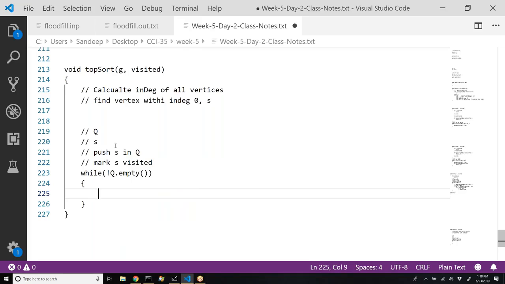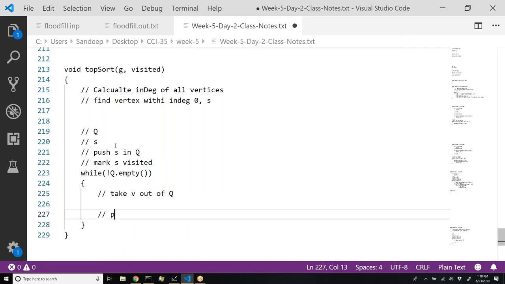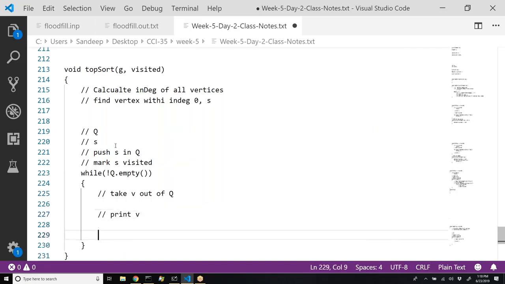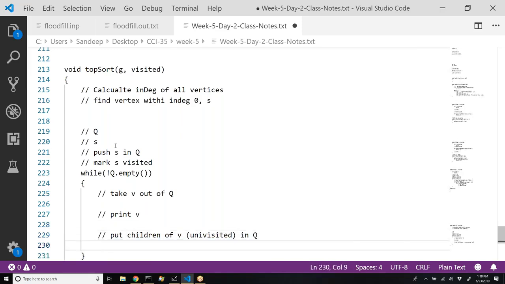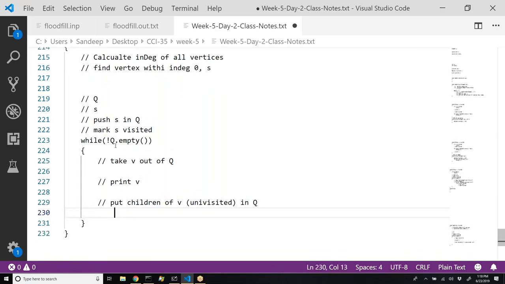Now what do we do in normal BFS? Take V out of Q, print V, pull unvisited children of V in Q. We have to do some additional steps also for our topological sort.